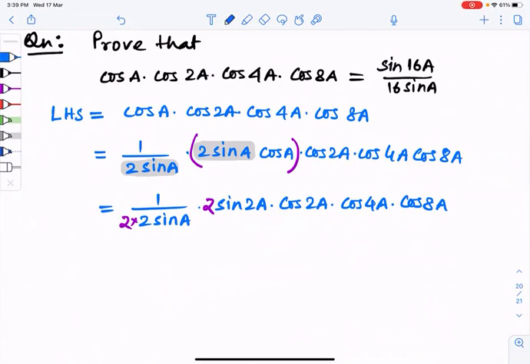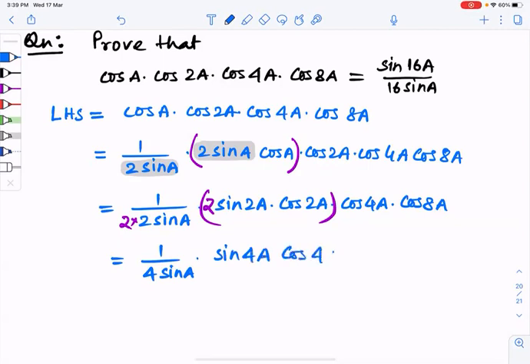Okay, so it is now becoming, and let us use these two together to use the formula. So this is becoming 1 by 4 sine A into sine 4A. The angle becomes double again. I have cos 4A and cos 8A.